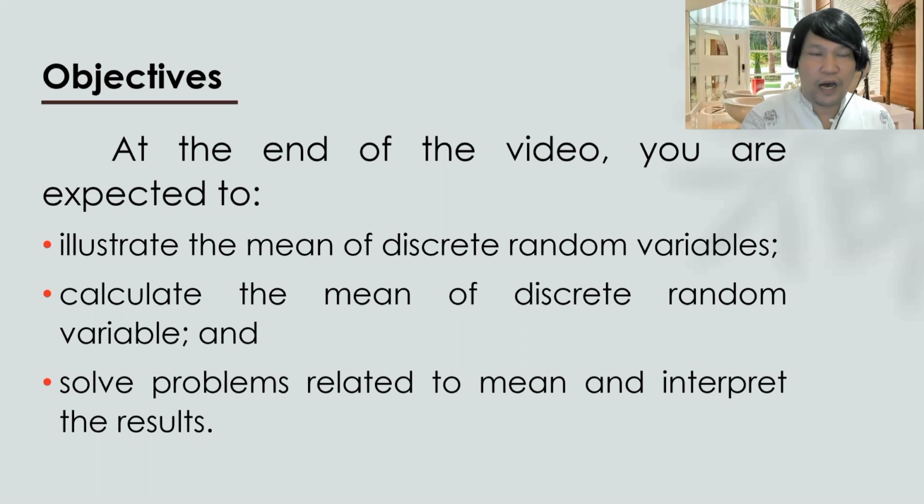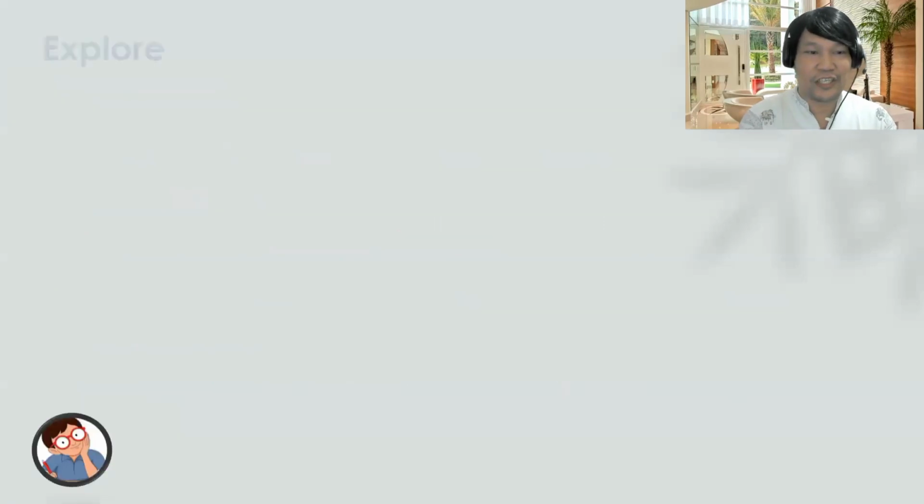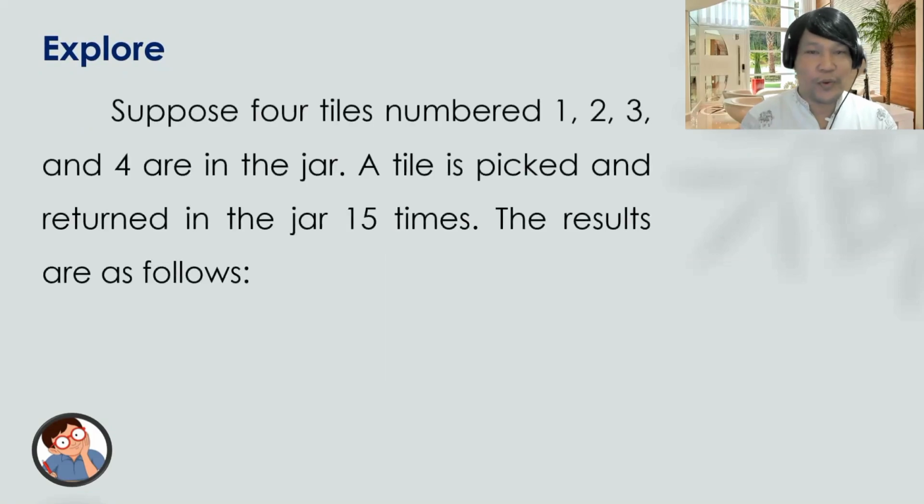Now, to start with our video learning discussion, first we are going to explore. I have here a situation wherein there are 4 tiles. Suppose 4 tiles numbered 1, 2, 3, and 4 are in a jar.